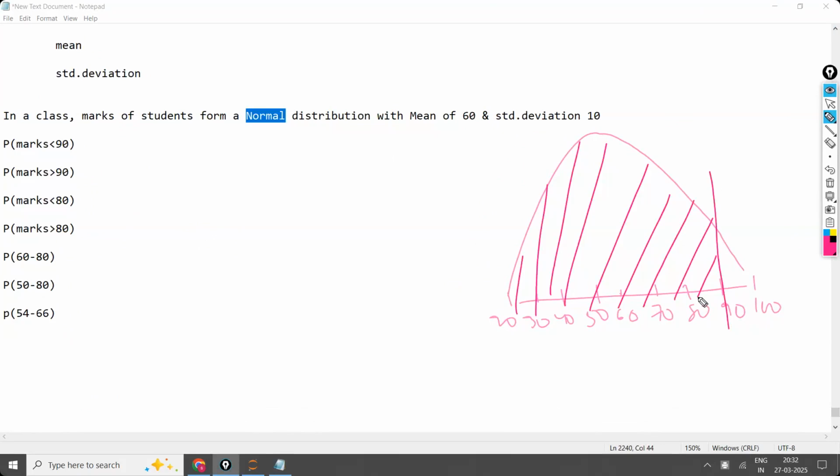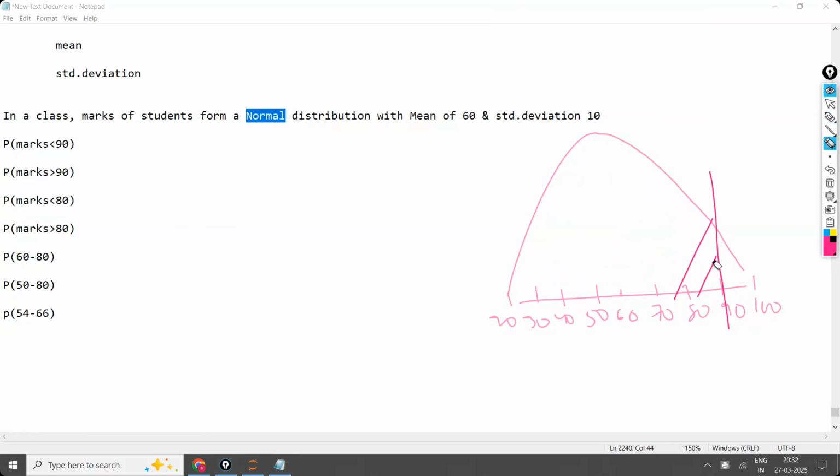What is cumulative probability? Less than 90 means the minimum value to 90. So this is the probability they are asking. Now, greater than 90. What is the meaning of greater than 90? 90 to the maximum number.